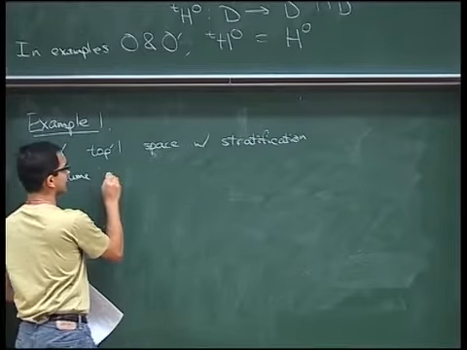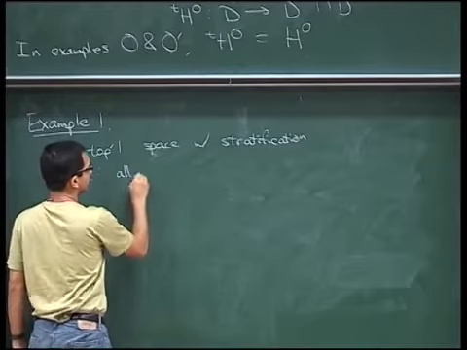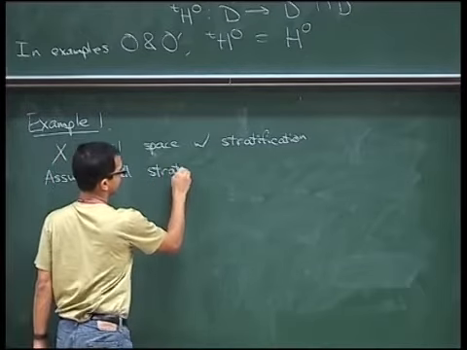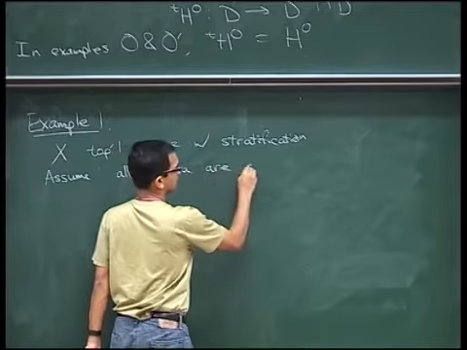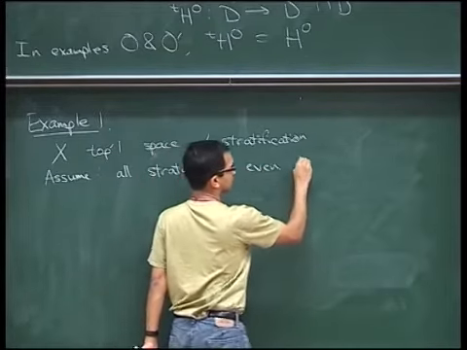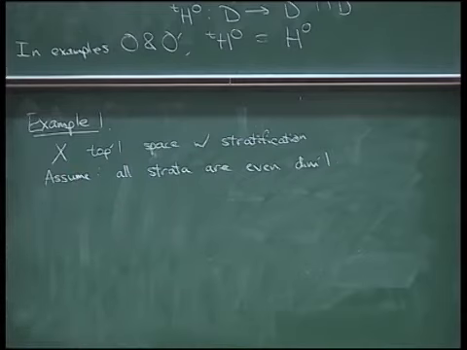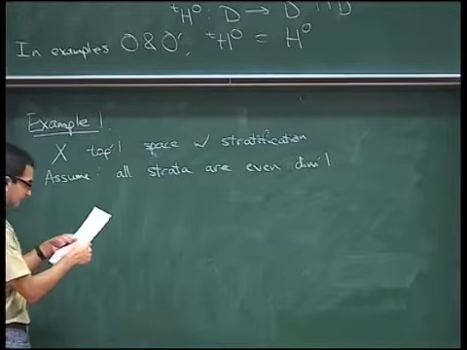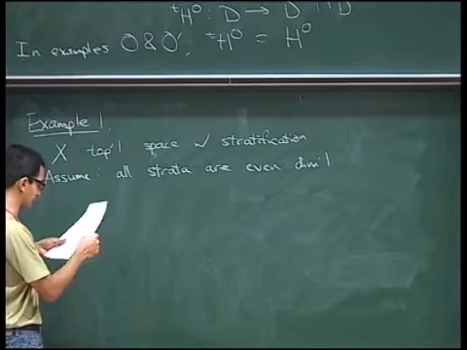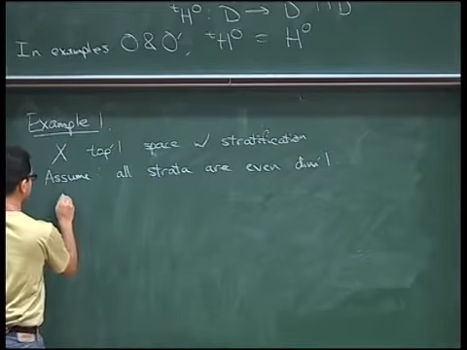So the assumption is that all the strata are even dimensional. Of course, if you're talking about complex varieties and the strata themselves are complex subvarieties, those are always going to have even real dimensions. So this won't be a problem.